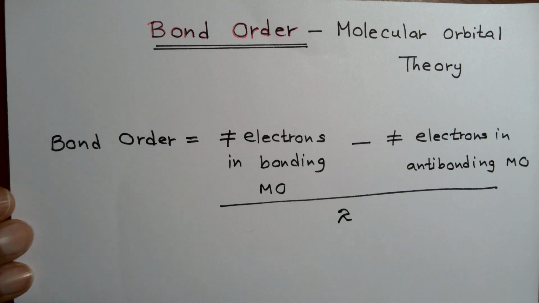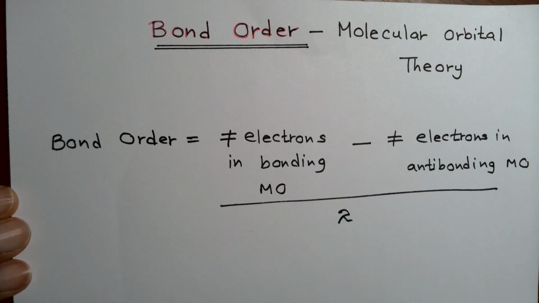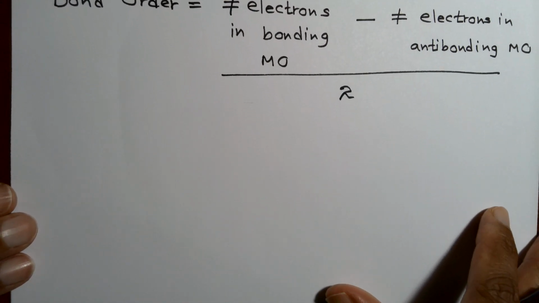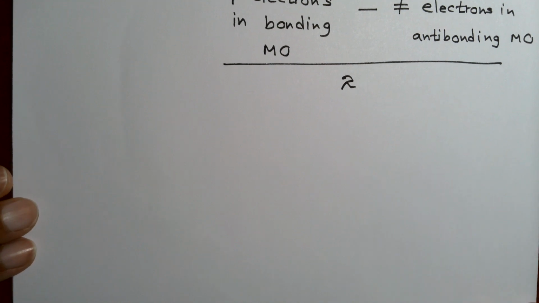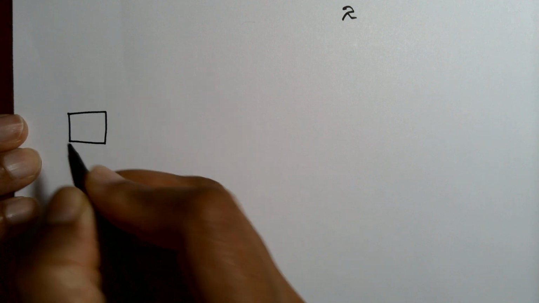Now let's draw molecular orbital diagrams for hydrogen and helium and then calculate the bond order as an example. First I will draw the molecular orbital diagram for the hydrogen H2 diatomic molecule. You all know how to draw molecular orbital diagrams; I explained it in the last video. Hydrogen is 1s1.